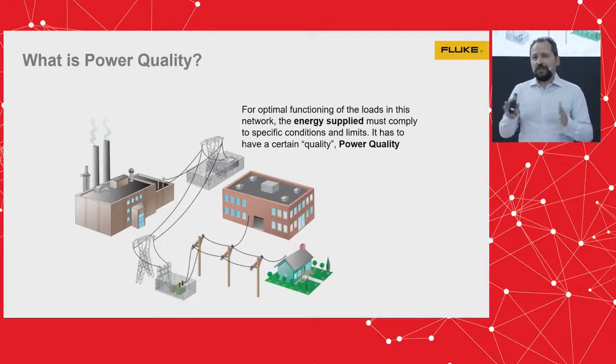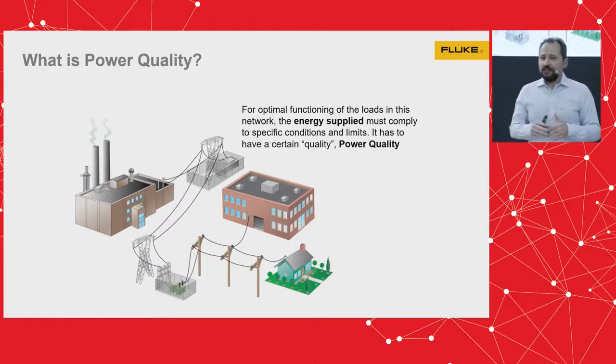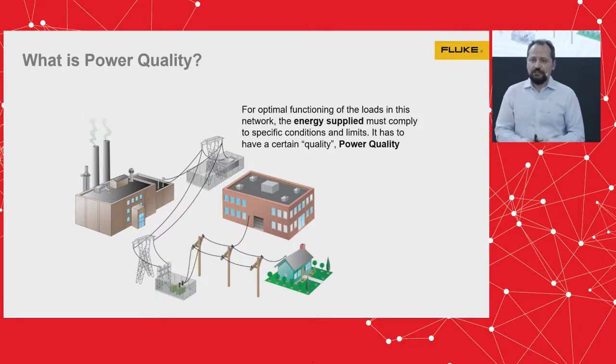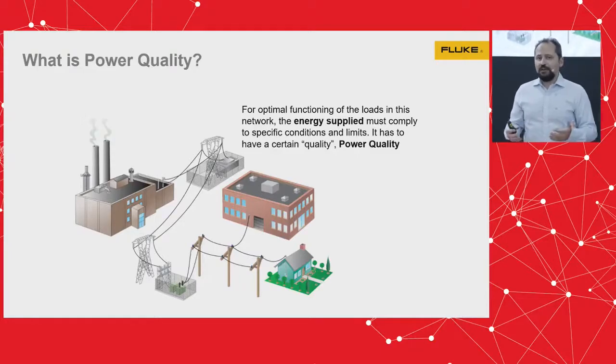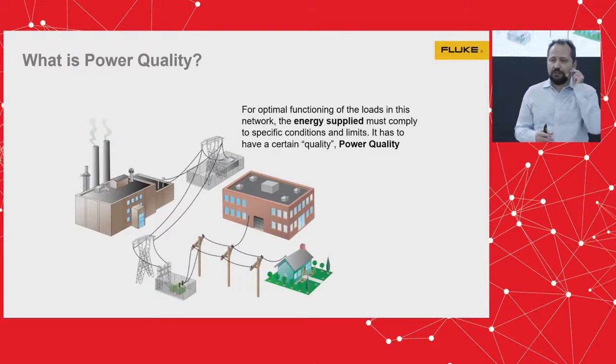In an easier way to put it, it's basically ensuring that the voltage being delivered to the users and circulating in the electrical network has the quality that it needs to. It's an almost perfect sine wave, because that's what most equipment is designed to work with. The closer we are to the sine wave, the more reliable and efficient operation we will have with our equipment.